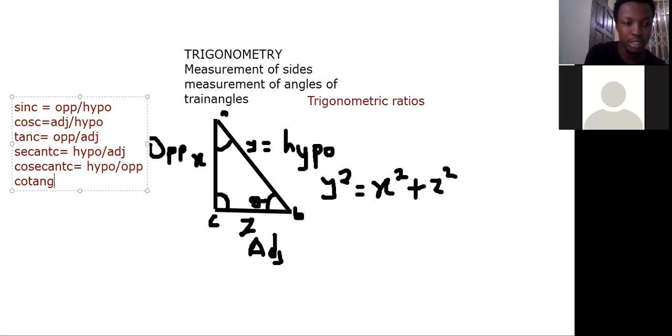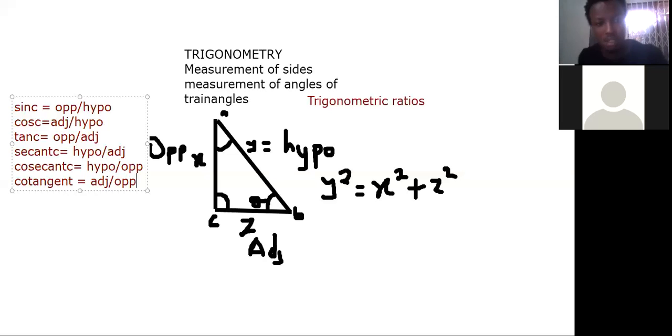Cotangent is adjacent all over opposite. That's what we have.